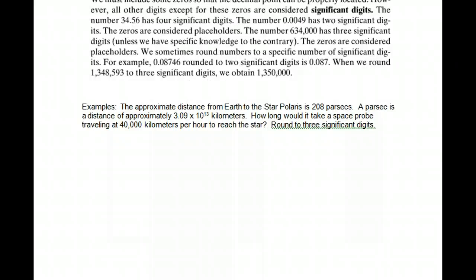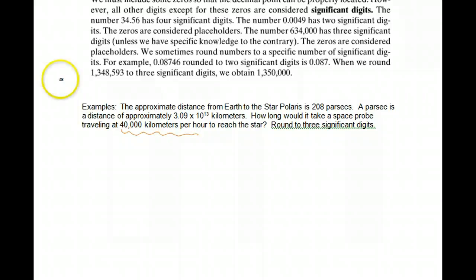So the first thing that we would want to do here is convert our parsecs into kilometers to make this problem useful to us. Being that our space probe is traveling in kilometers per hour, we need to figure out the distance from Earth to Polaris in kilometers.